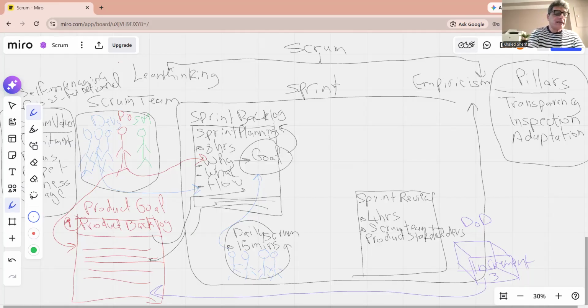And then finally, the sprint concludes with the sprint retrospective. Sprint retrospective is also time-boxed to a maximum of 3 hours for a 1 month sprint.